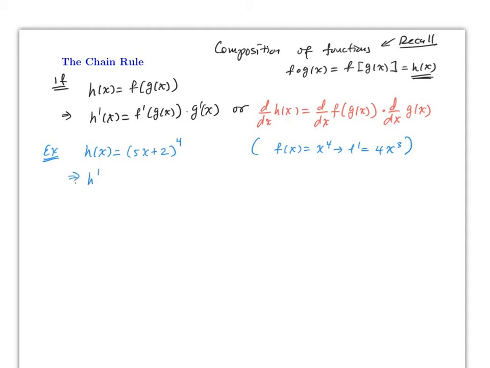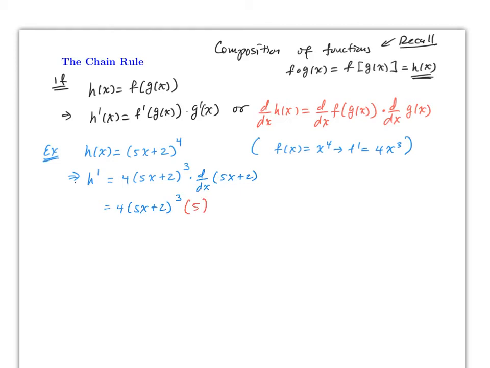So let me do this slowly. All right, so here we have h prime is going to be 4 times (5x plus 2) to the 3rd power, which is related to this part here, because the derivative of this is equal to this. So just think of all of this as being just one variable by itself, and then times the derivative with respect to x of the inside. That's the easiest way to think about it. So then it will be 4 times (5x plus 2) cubed times the derivative inside, which is just 5.